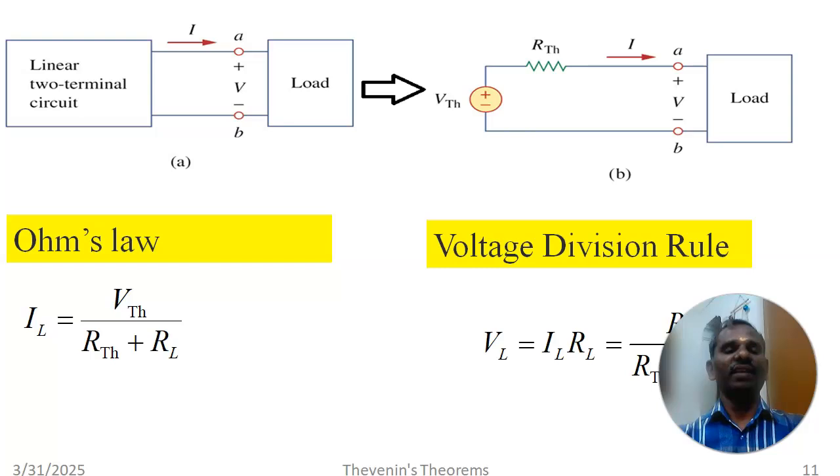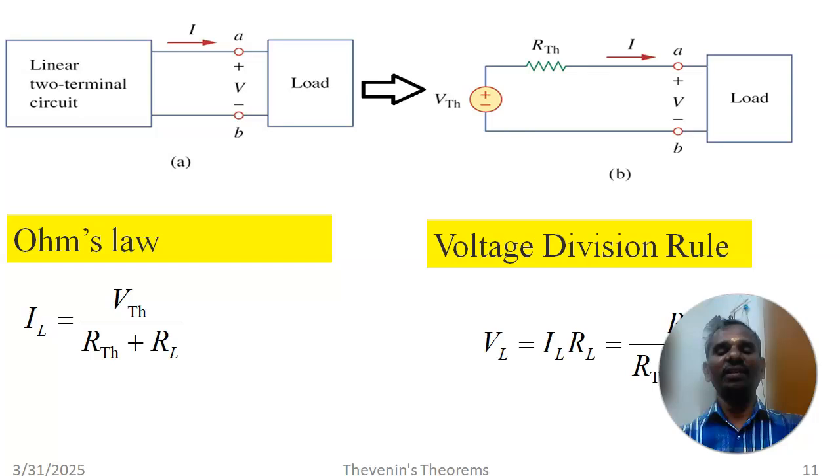In order to find your load current, we found VTH in series with your RTH, and then we have connected the load. So IL is equal to VTH divided by RTH plus RL, by using Ohm's law.